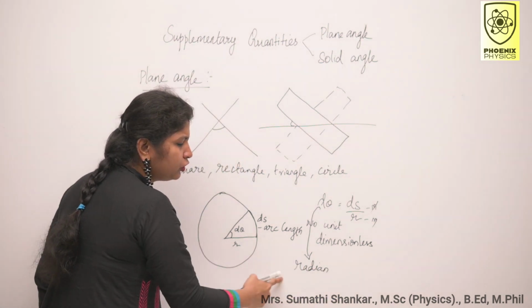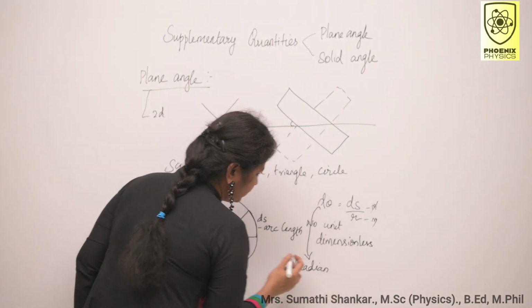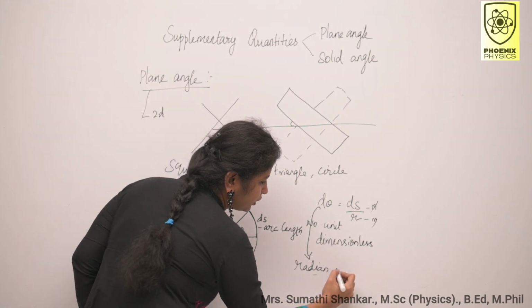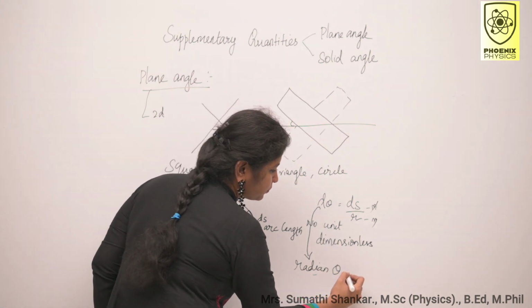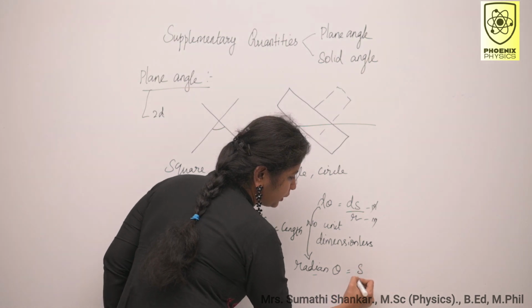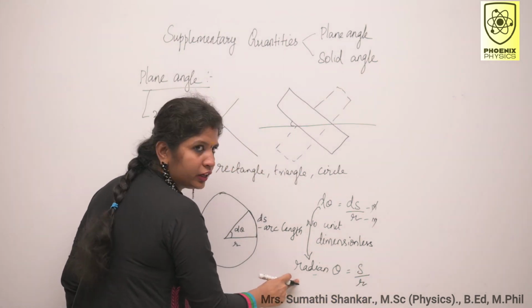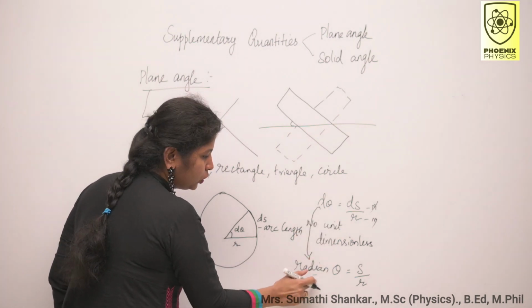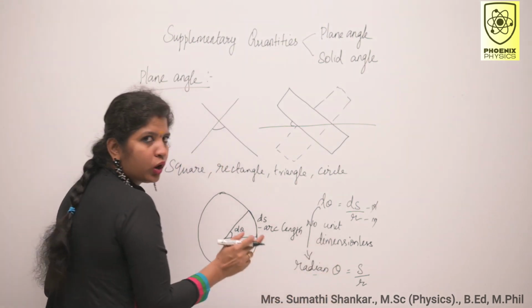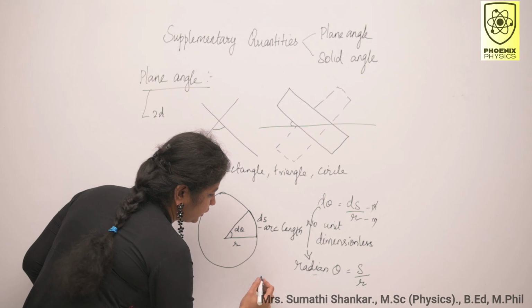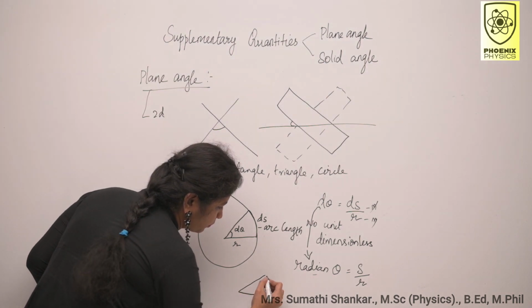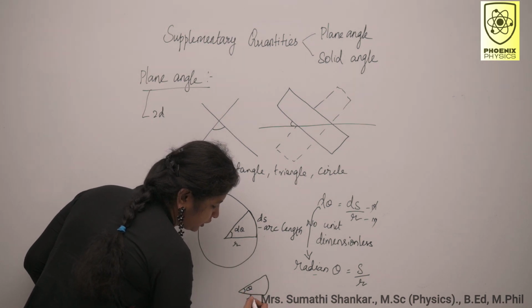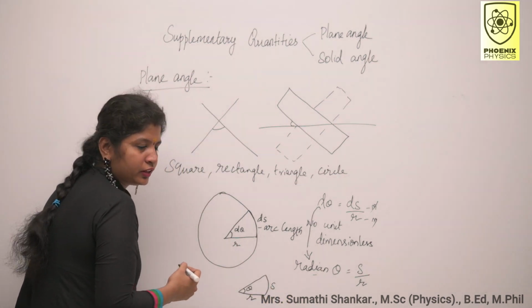Then how will you define 1 radian? Same diagram here. The radian we can denote as theta. Theta is equal to s by r. This is the radian formula. Up to this clear? Okay. How will you define 1 radian? Same diagram. This is our theta, this is our radius r, and this is our arc length s.